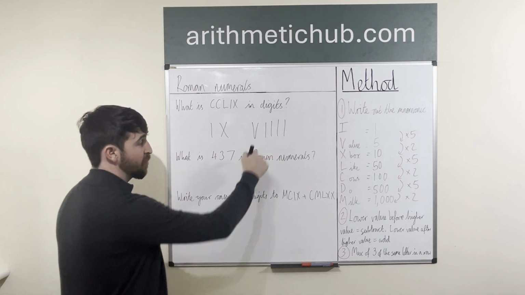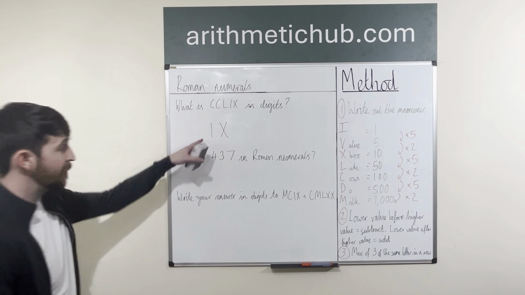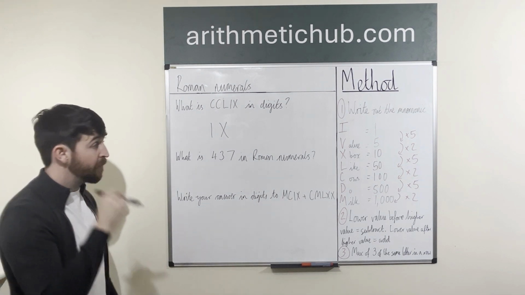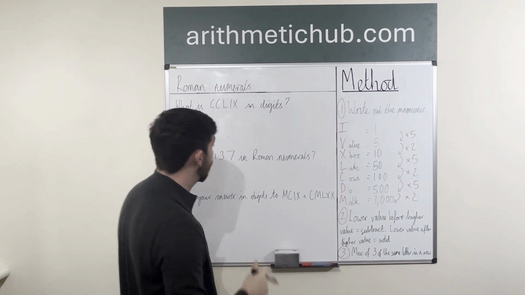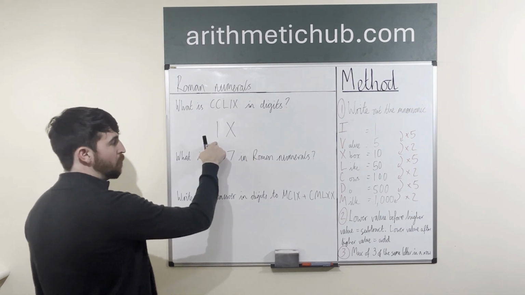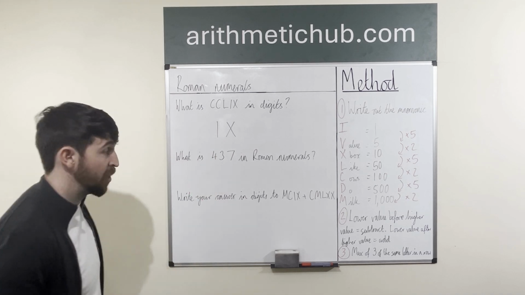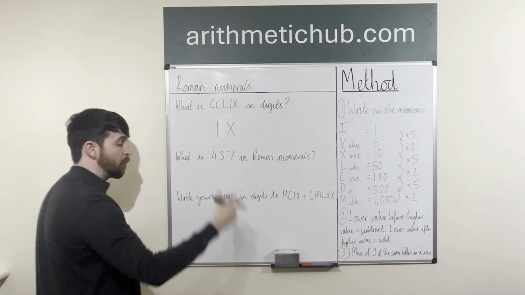It doesn't work because there's 4 ones in a row. So the only way to write 9 in Roman numerals would be 1 before 10, like that. Okay? And if the smaller value is before the larger value, we subtract it. 1 is before the 10, so we take 1 away.